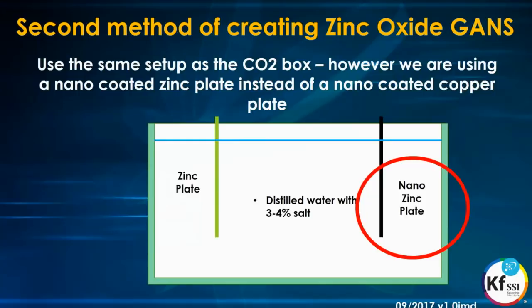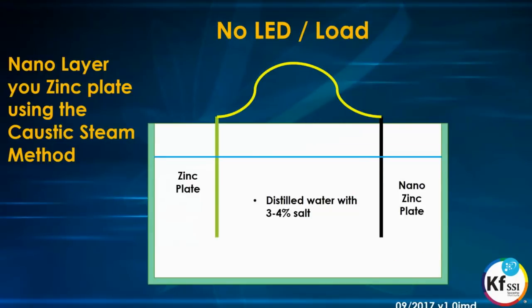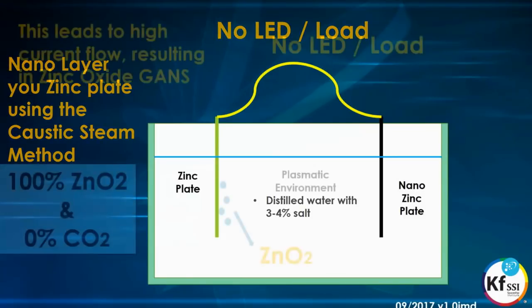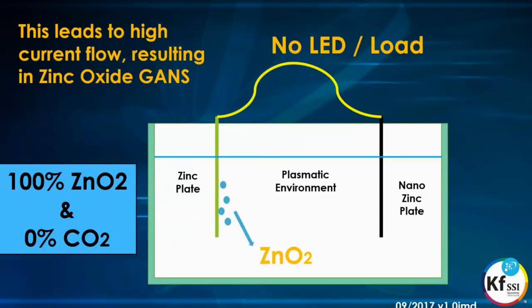So it's exactly the same, but we have two zinc plates, one plain zinc and one nano-coated zinc. When you connect these two plates up, there's no LED, so you can just connect them together.